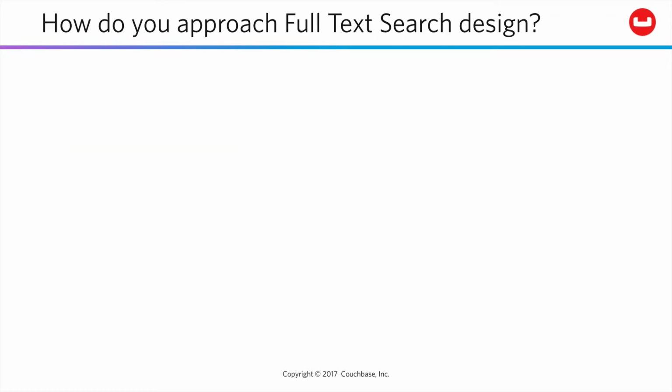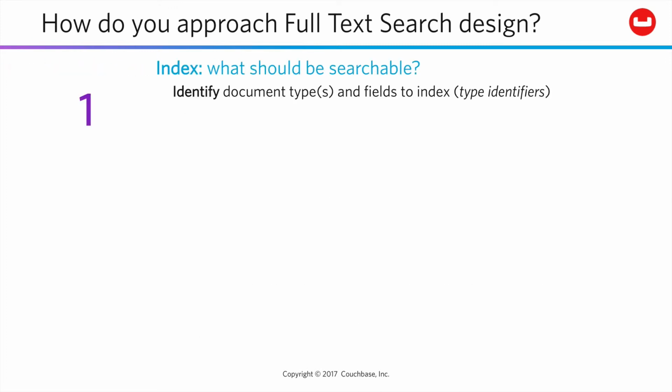Now, like a lot of things in the software industry, designing a good full-text search index is as much art as science sometimes. You gotta know your data. But you can break the process down a bit. First, figure out what precisely needs to be searchable in your documents. Now, you can index everything. That's not very efficient.